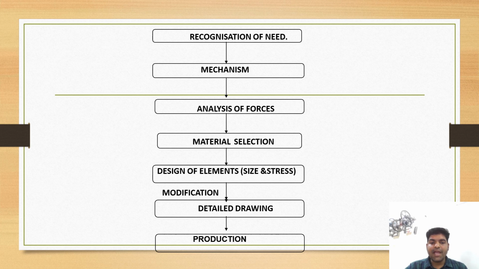Next one is mechanism. First, find the various forces and reactions on different components by using a free body diagram. Third one is selection of material. Select a suitable material for the component and state its properties, such as yield stress, ultimate stress, working stress, modulus of rigidity and Poisson's ratio.